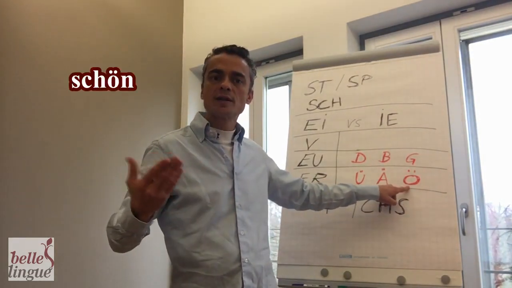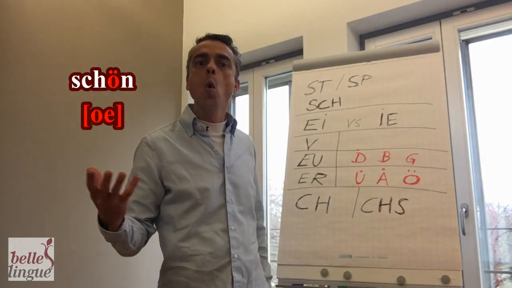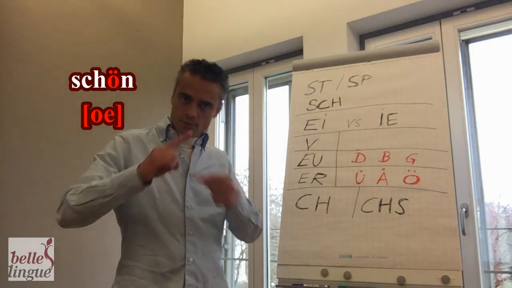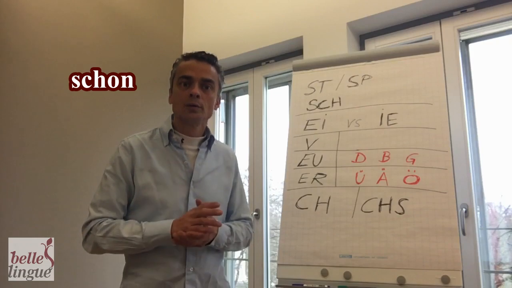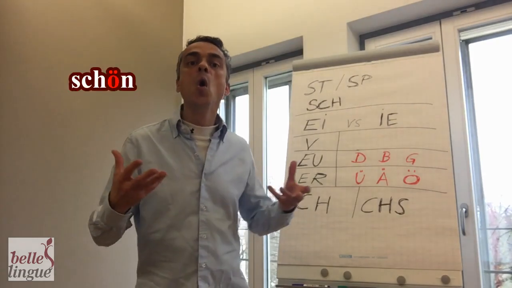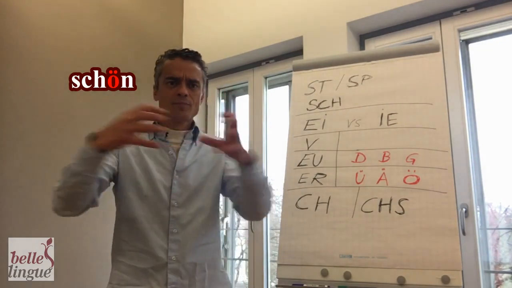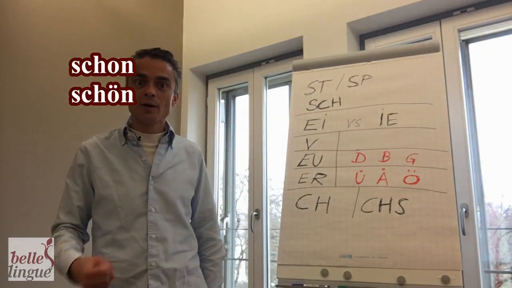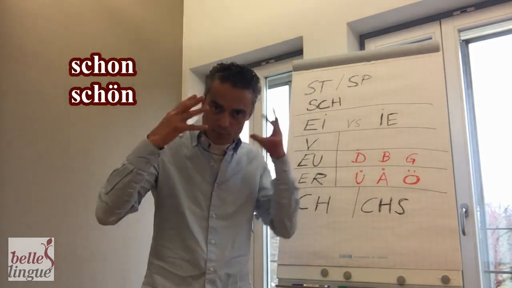And it's like beautiful, schön. Do not confound it with schon, yeah? Because schon is already. Schön. You can put it together. Schon schön. Are you already beautiful, or do you still have to prepare yourself?